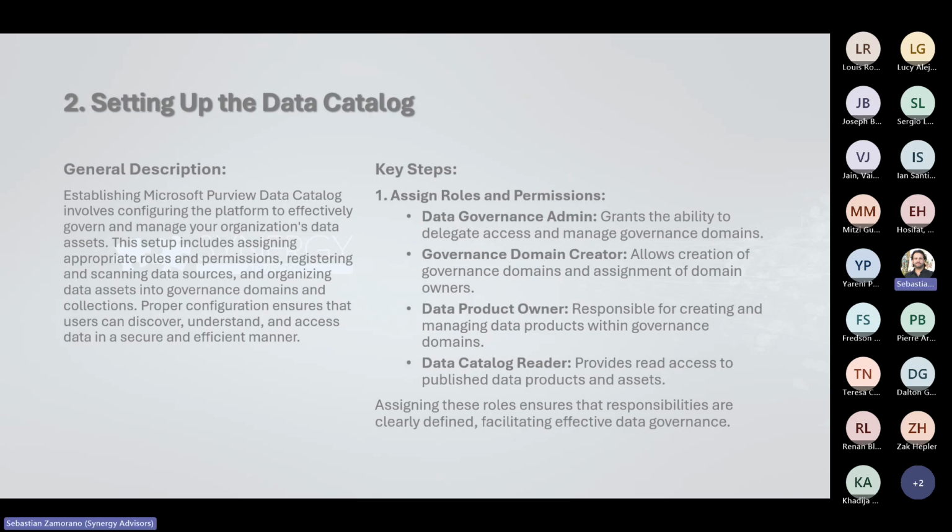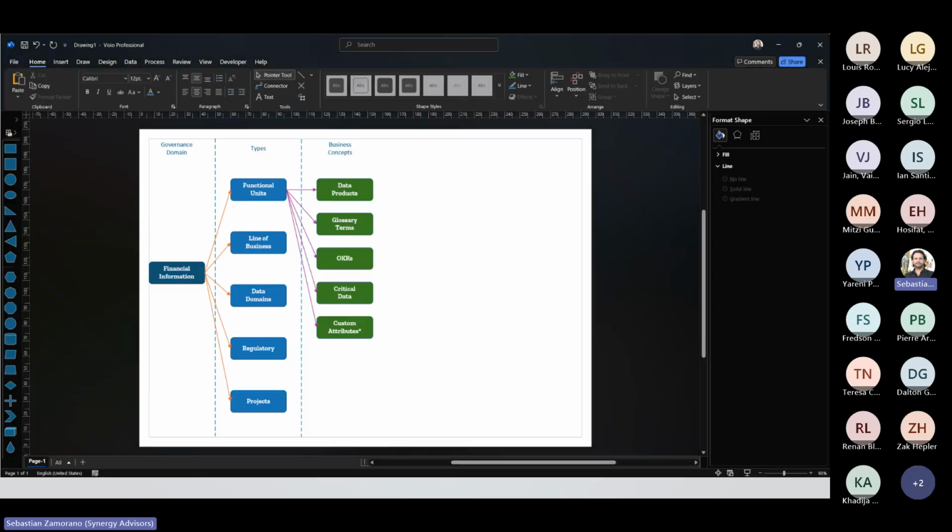And let me share here, to start working, and I will go through all of that, we need to set a governance domain. That governance domain can be related to a functional unit, line of business, data domains, regulatory compliance, or related to a project.